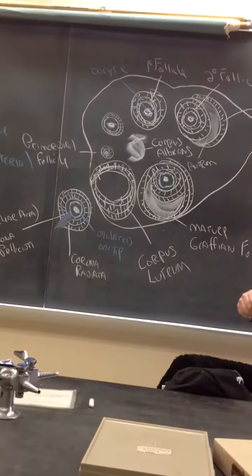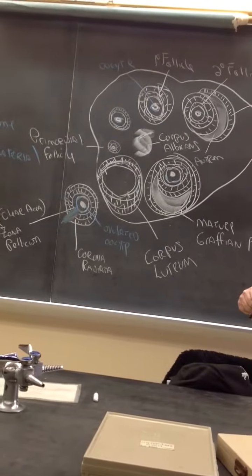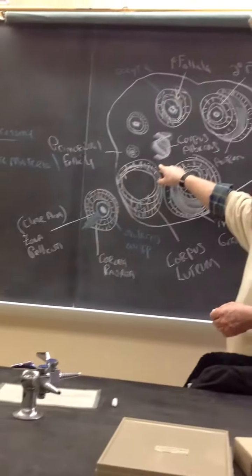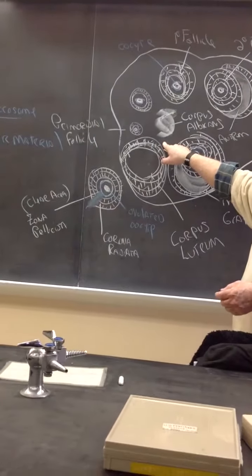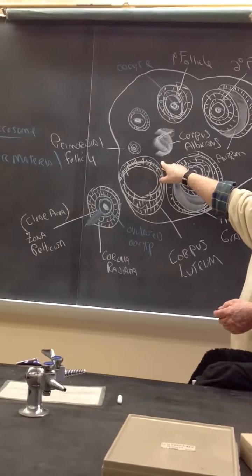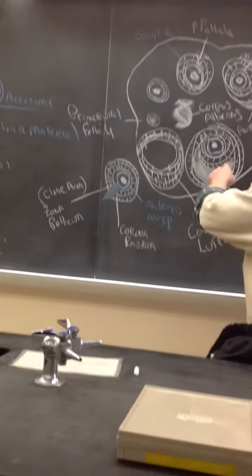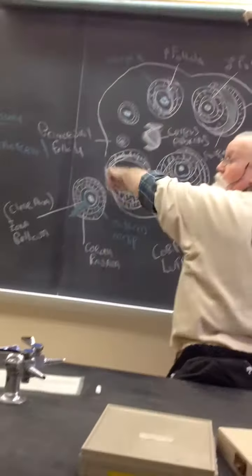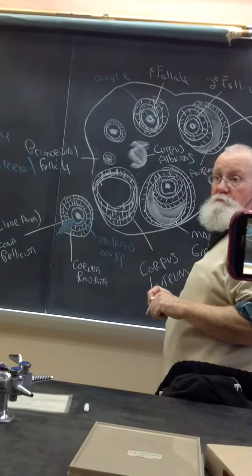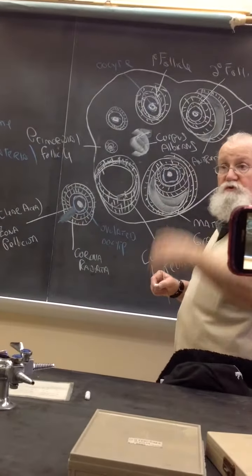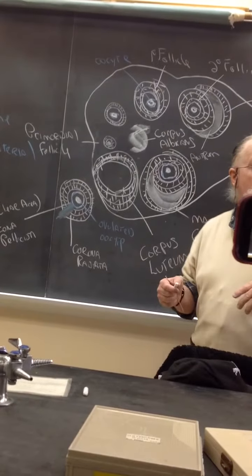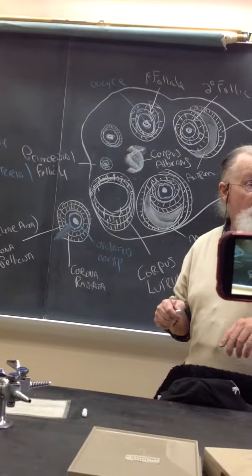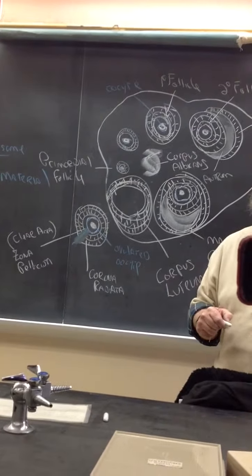The white corpse, okay? And it's no longer secretory, no longer produces estrogen and progesterone. This whole thing is called the ovarian cycle. The building up and the sloughing off of the endometrium is the uterine cycle, and they're interconnected by the hormones.